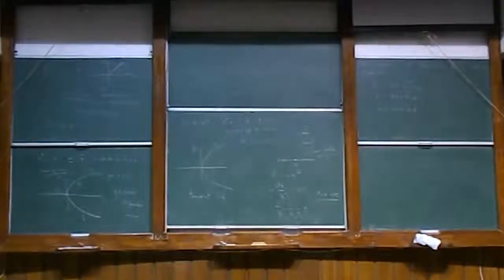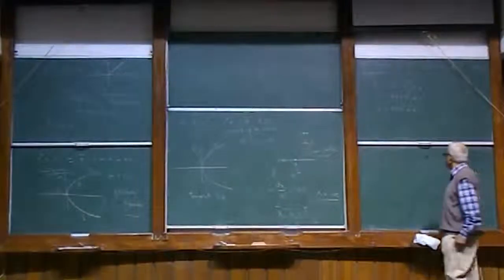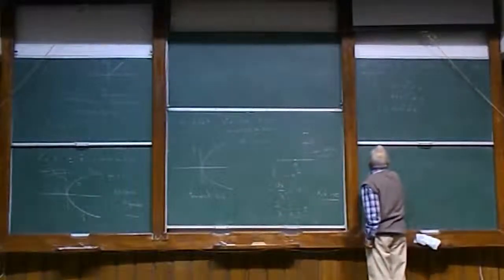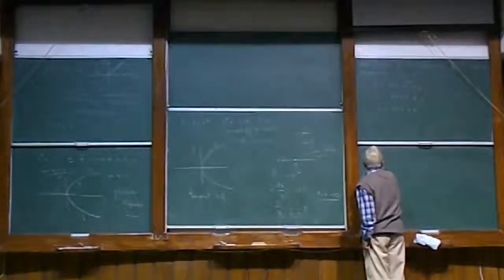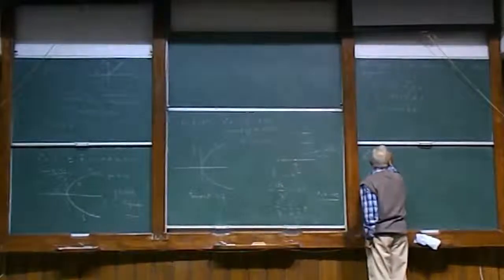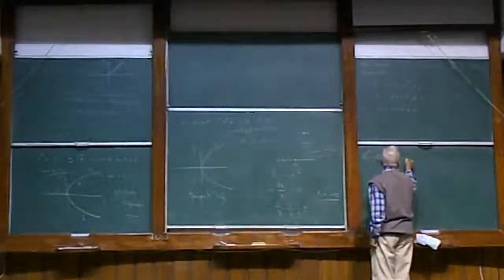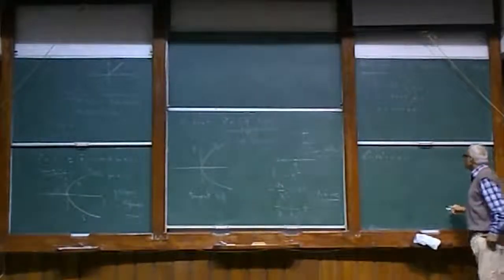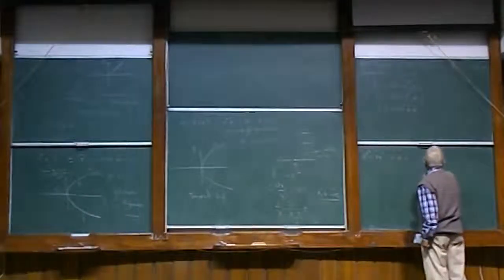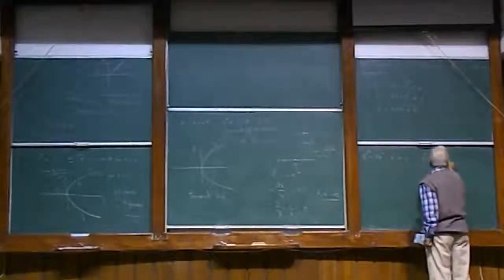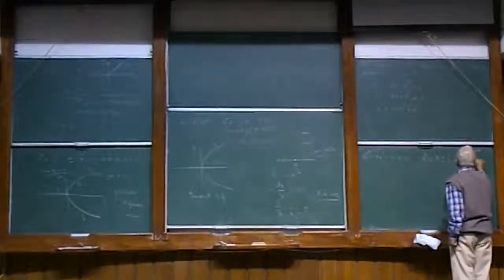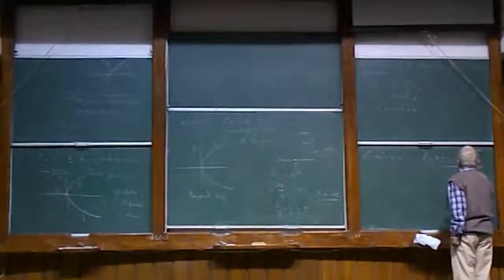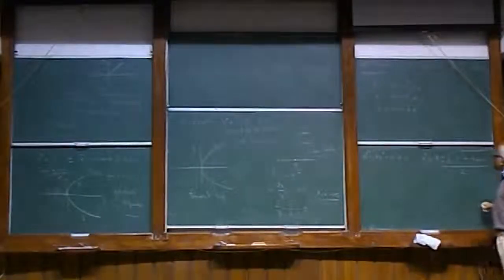So x dot equal to Rx minus x squared plus epsilon. Now, I have to look at the fixed points of it. Fixed points come from x star squared minus R x star minus epsilon equal to 0. So x star is going to be R plus minus square root of R squared plus 4 epsilon, divided by 2.